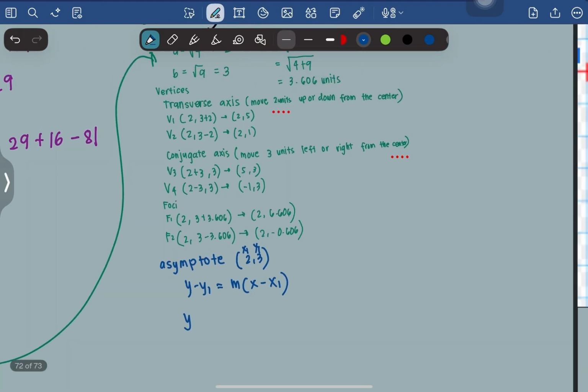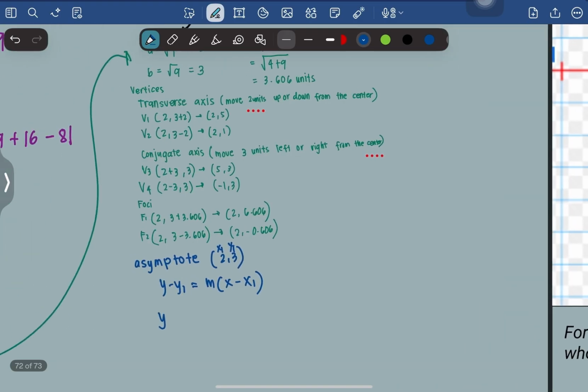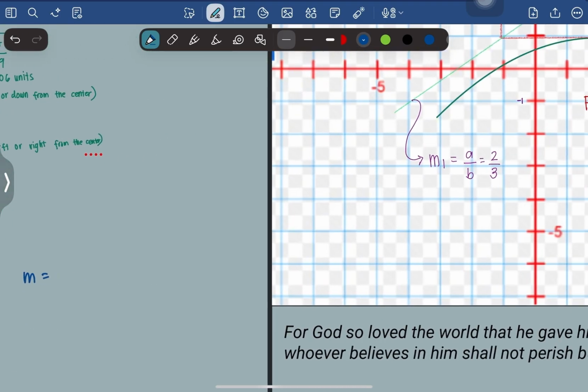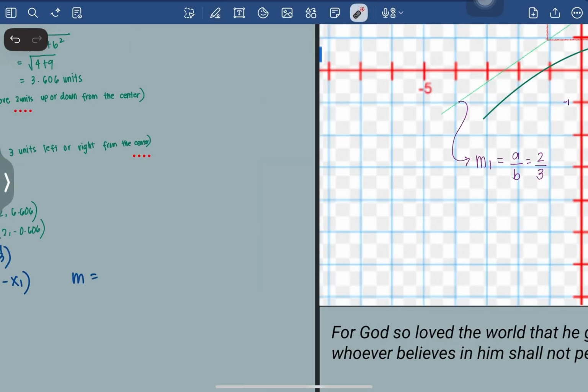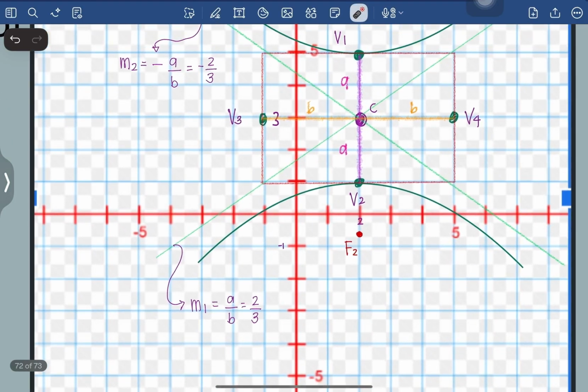So for us to determine the slope, that is the rise over run. So yung rise natin dito po, based dun sa distance A at saka distance B. So yung rise is pataas na equals to 2.